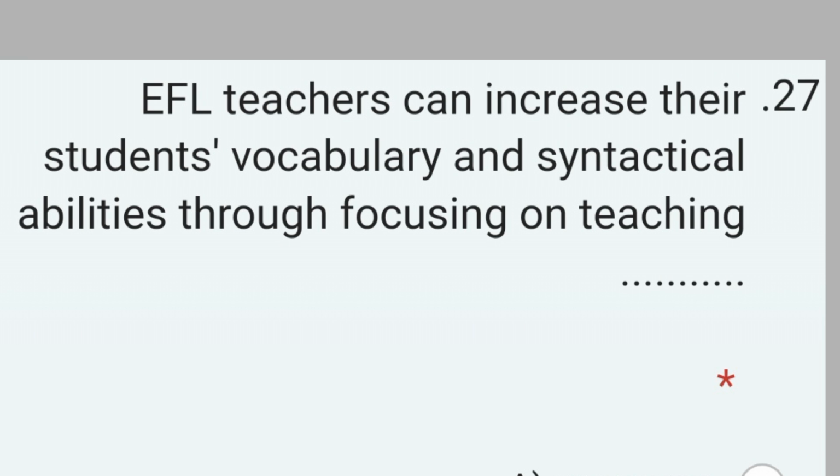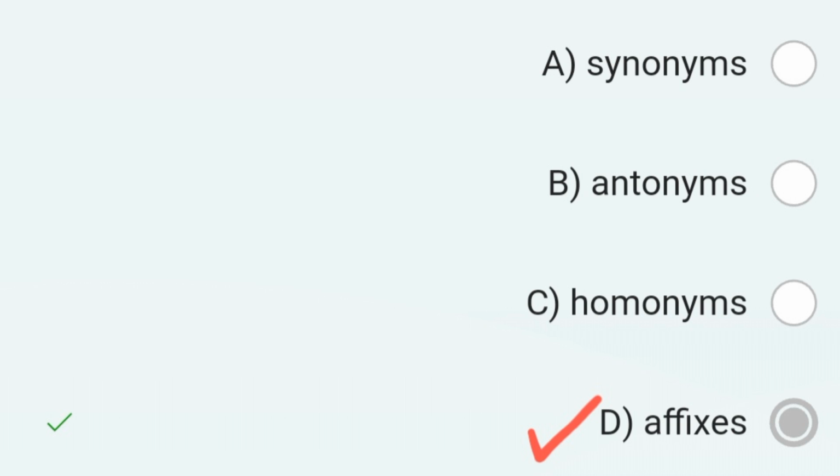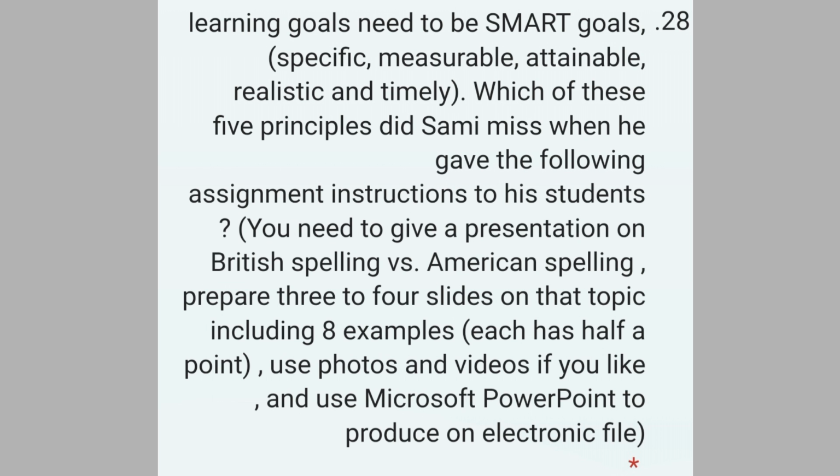EFL teachers can increase their students' vocabulary and syntactical abilities through focusing on teaching A. Synonyms. B. Antonyms. C. Homonyms. D. Affixes.